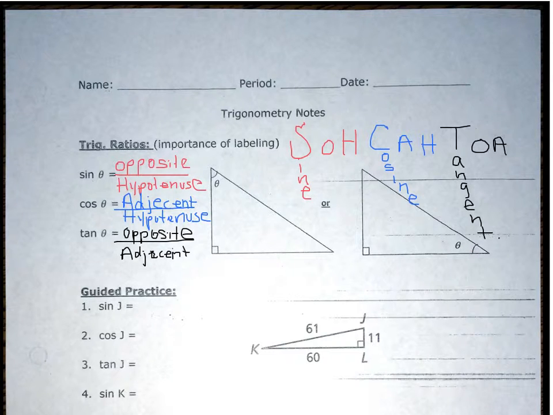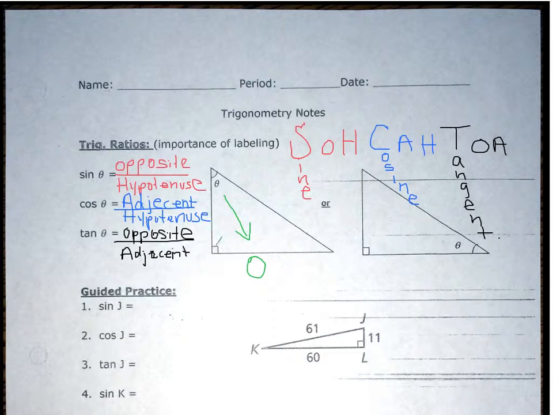Wherever the angle is, you have to look for the angle that you need to find that trig function for, and then label the triangle. For example, here, from theta, by the way, that circle is called theta, T-H-E-T-A, a Greek letter, theta is the angle, and this is the opposite, so this is the O.